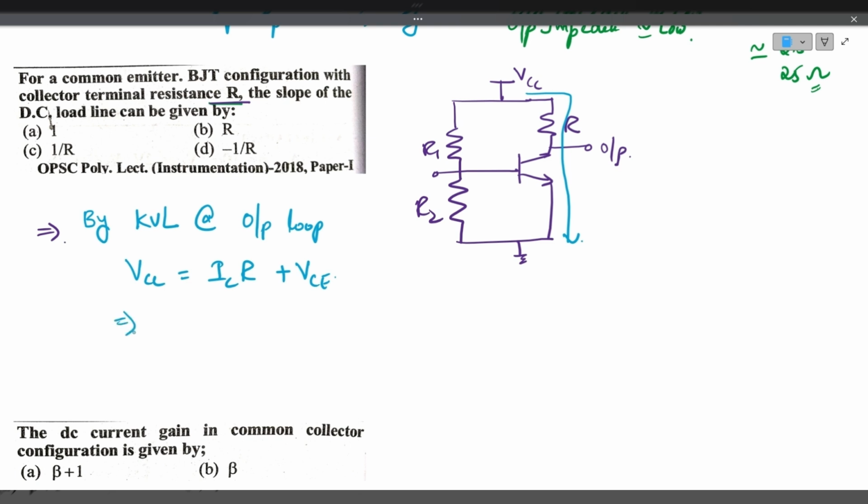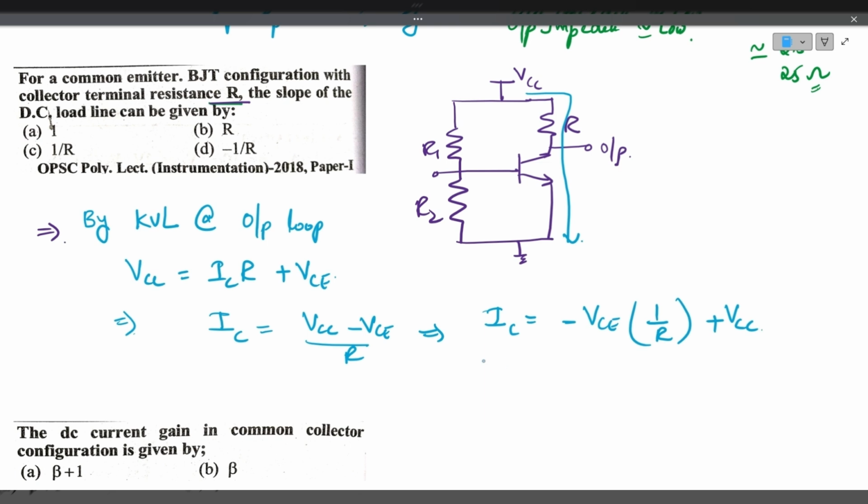Now, from this, the collector current IC will be equal to VCC minus VCE divided by R, which can also be written as IC is equal to minus VCE multiplied by 1 by R plus VCC. Now, if you observe, this is in the form of y is equal to mx plus c.